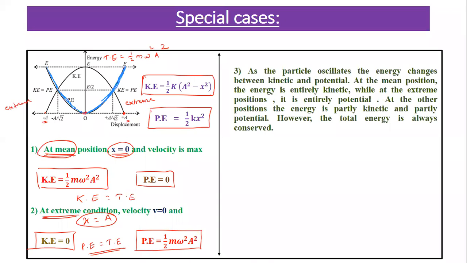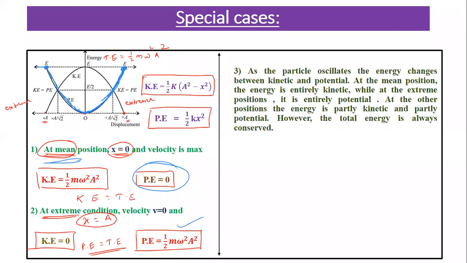At mean position, potential energy is 0, so here potential energy is touching 0. And at extreme, potential energy is maximum. You can see here this is extreme, the potential energy is maximum here. So at these two dots it is equal to E, where E means the total energy.